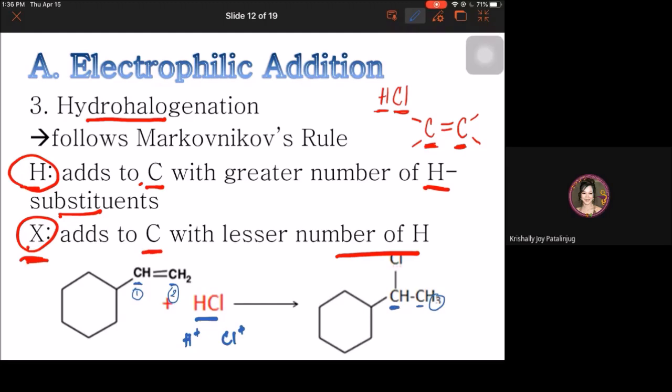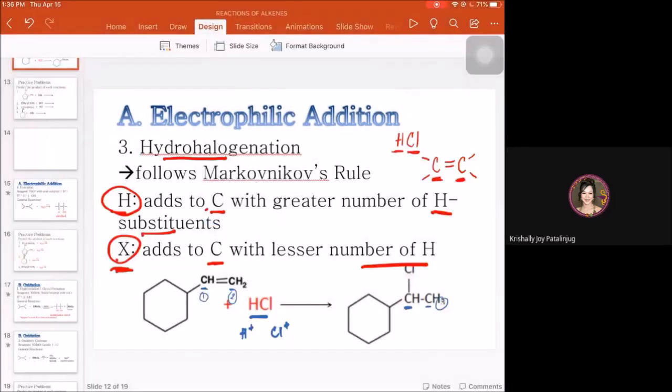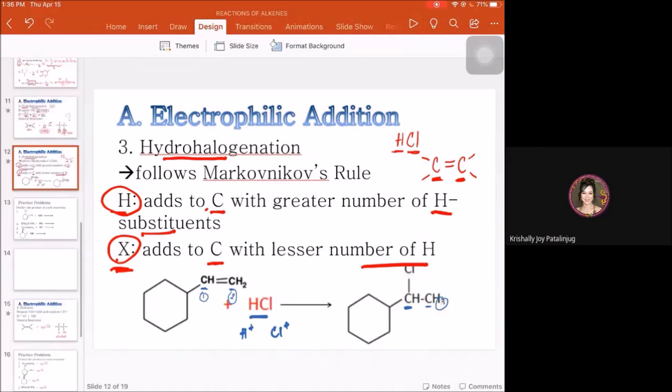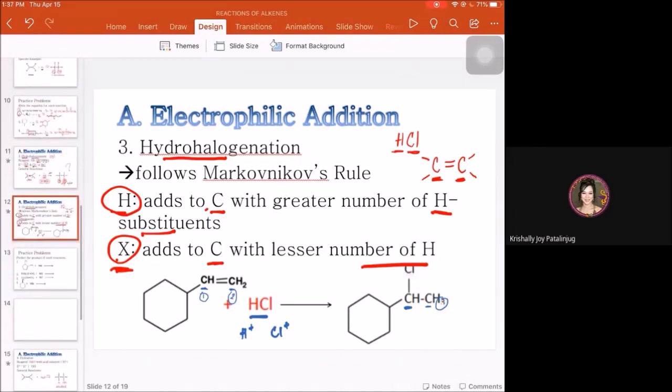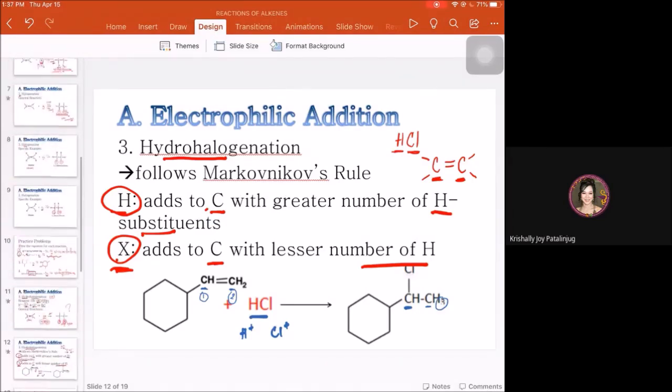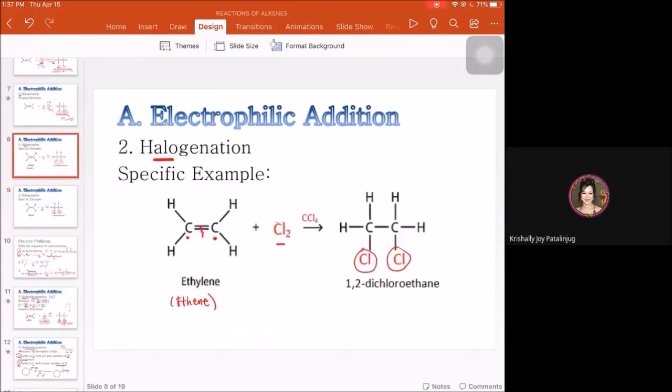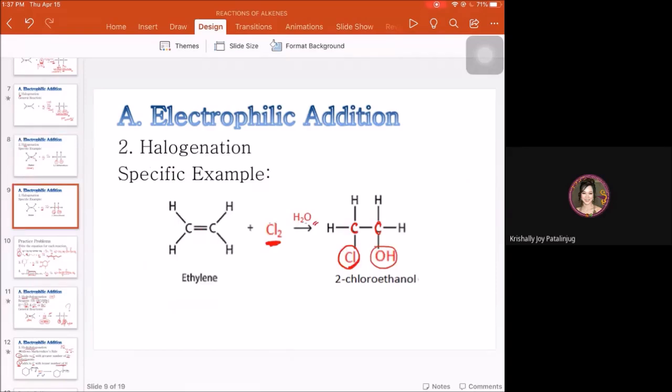The same will go to the previous reaction, which is halogenation in the presence of water. Alright?